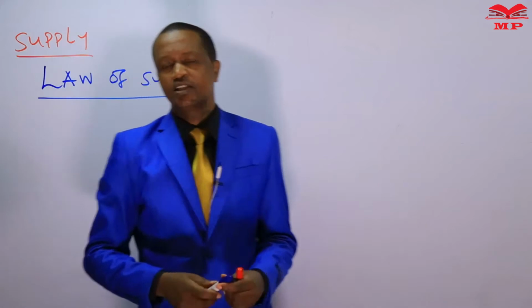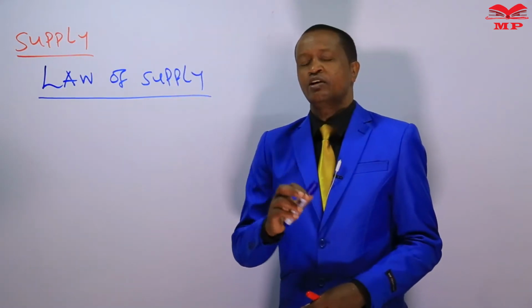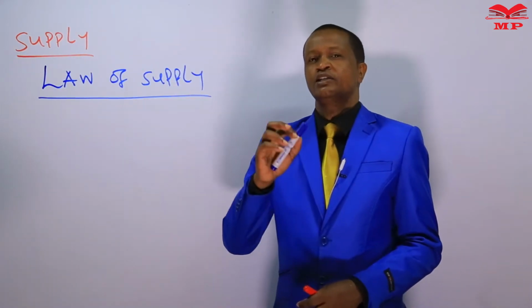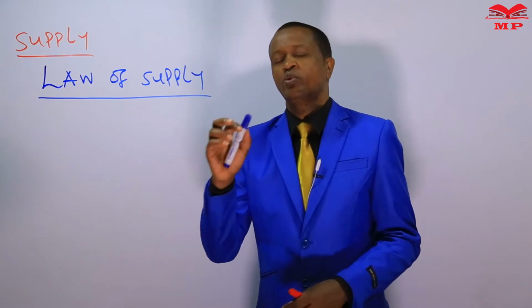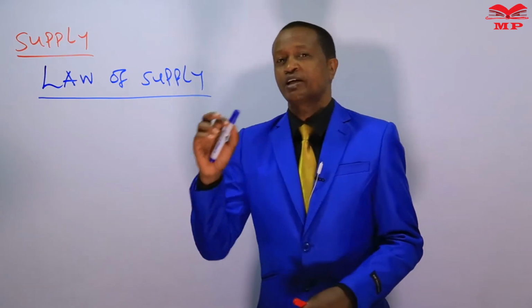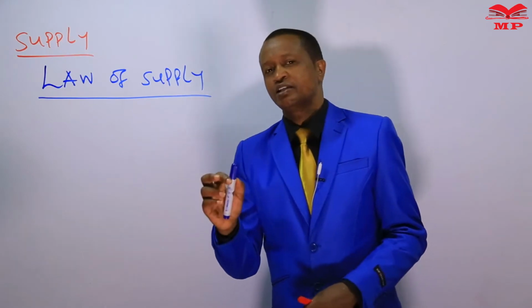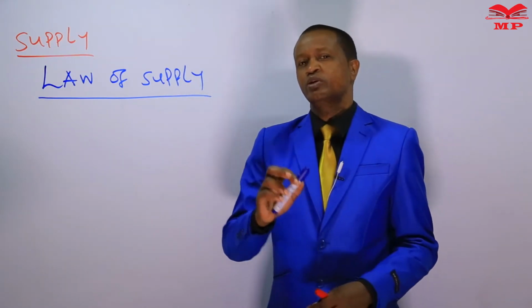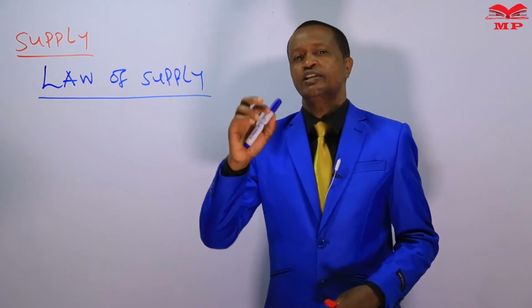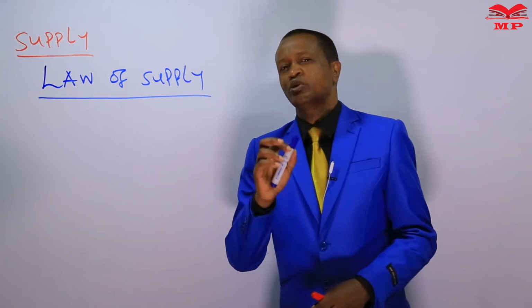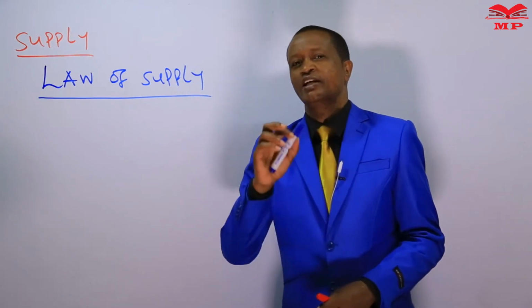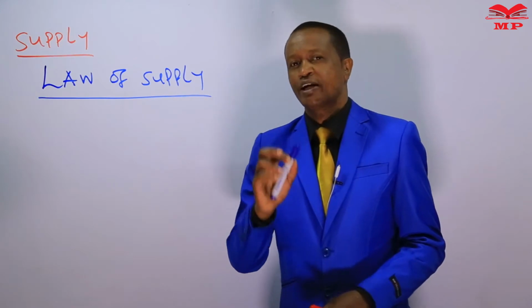We have said that the tendency of supply to increase with the increase in price and the tendency of supply to reduce with the reduction in price is what we are referring to as the law of supply.